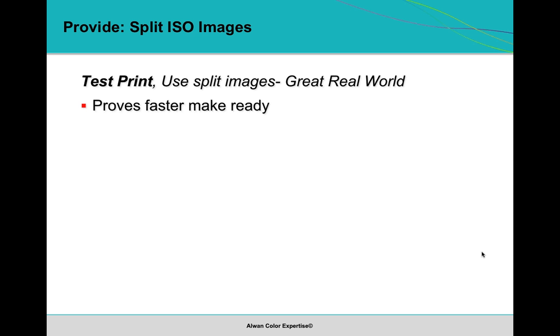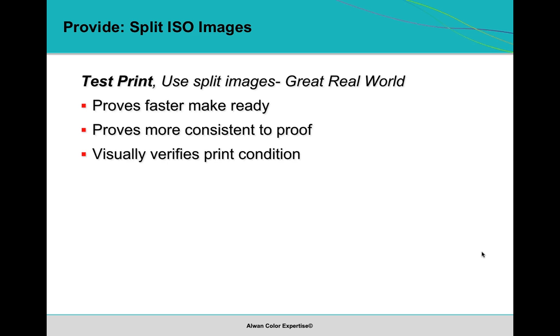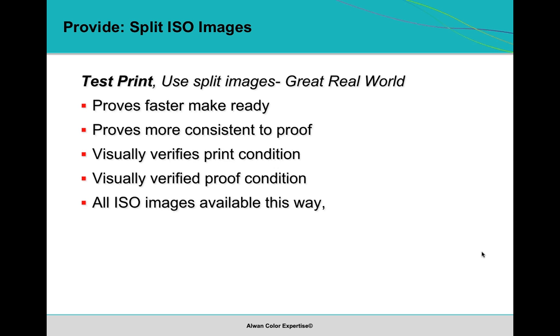And when you put these images on test forms, you can show with your eyes that the sides of the images that are optimized, meaning have been run through ColorHub to decrease the volatility of the build, provide faster make-readies, much more consistent to proof, and it actually visually verifies whether or not your output device is really printing the way you're expecting. And it can work on a proof as well.